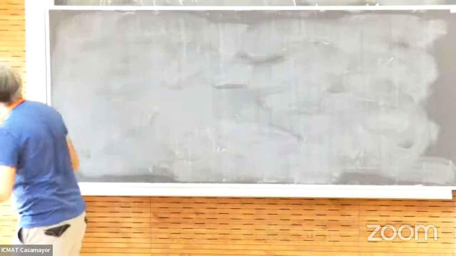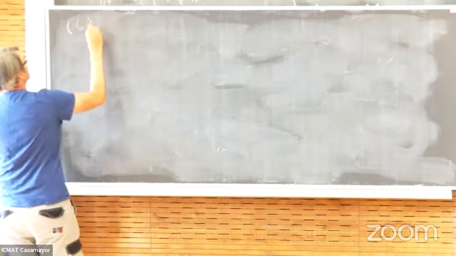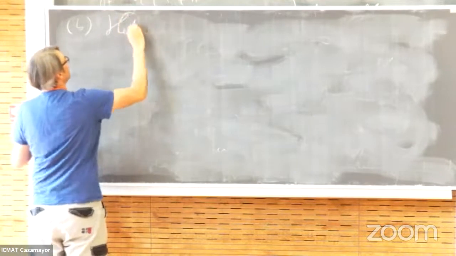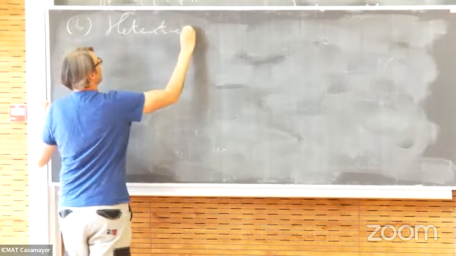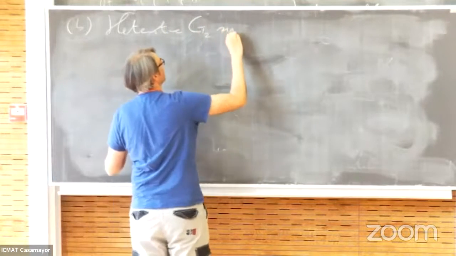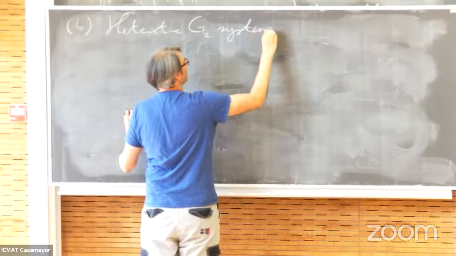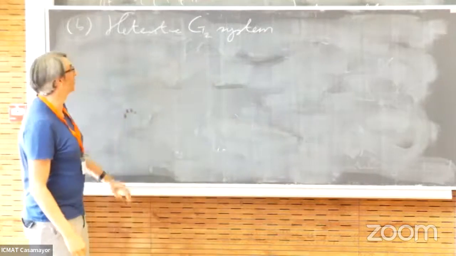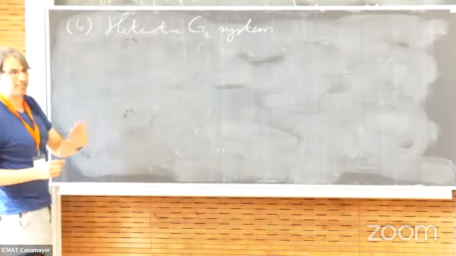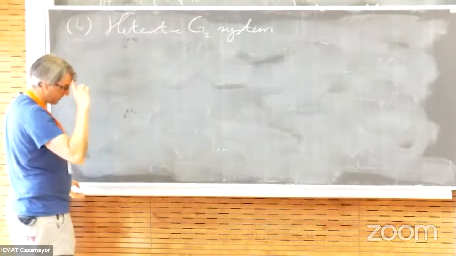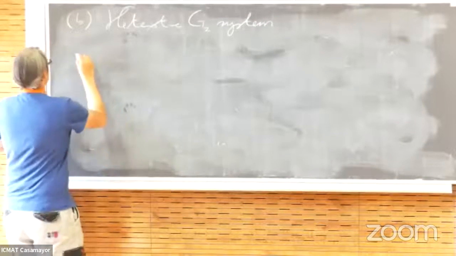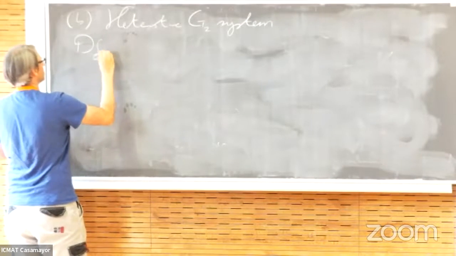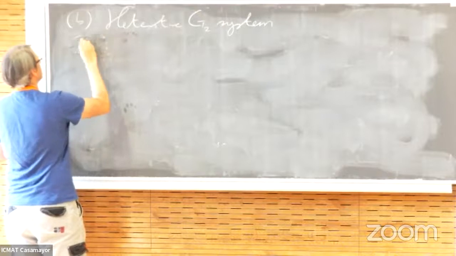Since we're going to have a few talks on this, I'm not going to explain where this comes from, mainly because I actually don't know properly, but I'm going to write down what it is. Okay, so what is this heterotic G2 system? Oh, one thing I have to do is I have to recall something.